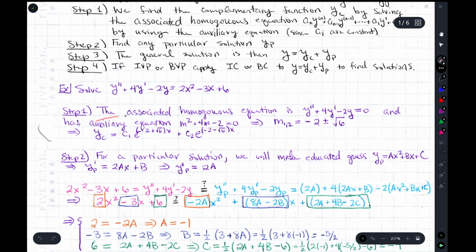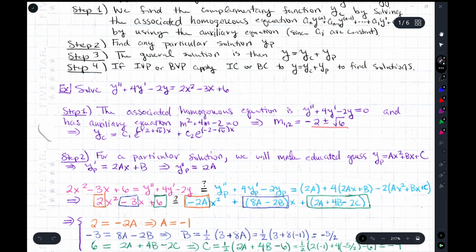Okay? And so the associated homogeneous equation is what you see here. And it has the auxiliary equation m squared plus 4m minus 2. Okay, you just take the coefficients, and y prime is associated with m, and we've done a lot of this when we discussed solving linear homogeneous equations with constant coefficients.